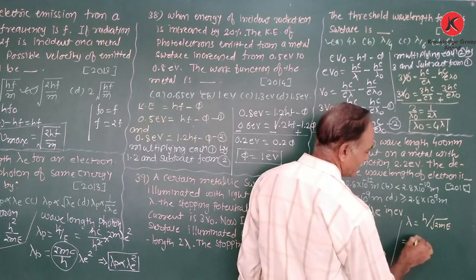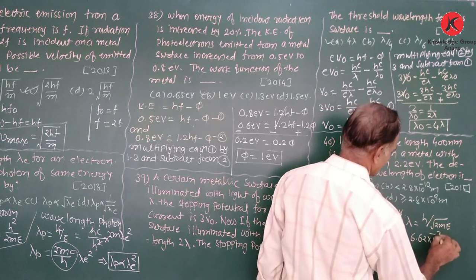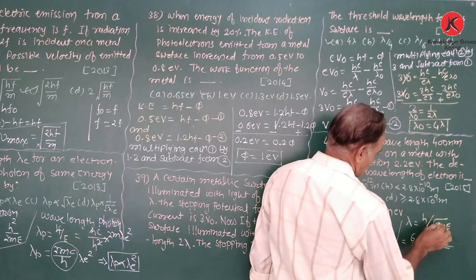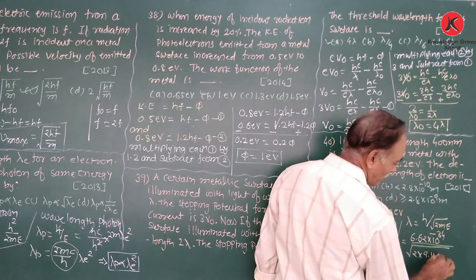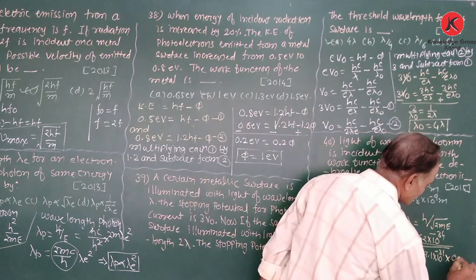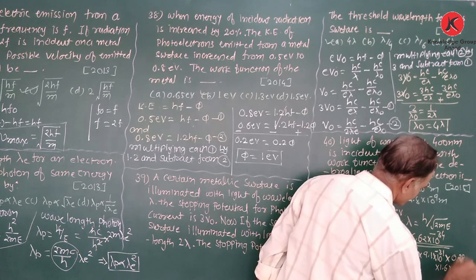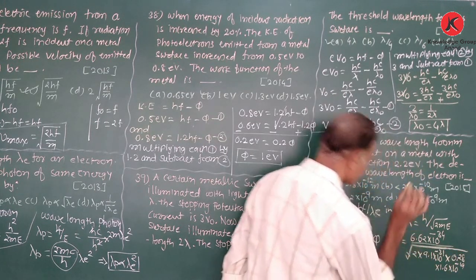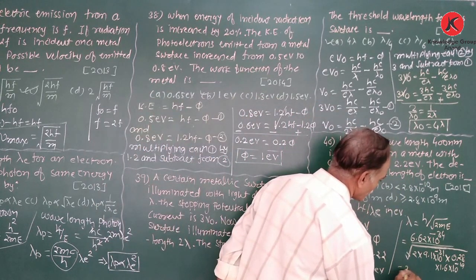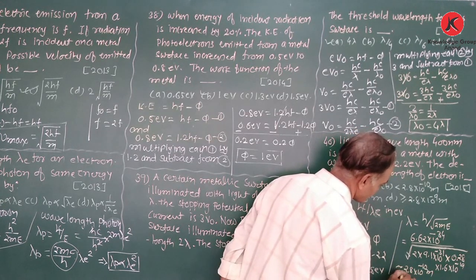If we substitute the values, 6.62 into 10 to the power minus 34 upon under root of 2 into mass of an electron 9.1 into 10 to the power minus 31 into 0.28 into 1.6 into 10 to the power minus 19, that is inside the under root. So we obtain the wavelength is equal to 2.8 into 10 to the power minus 10 meter, approximate value.